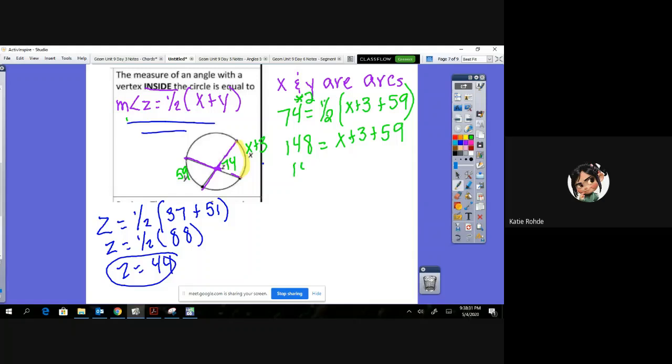Combine like terms: x plus 62. Then we get x equals 86. If they ask for the arc length, not just what x equals, we go back and plug that in. And unfortunately, it's still big X for the arc length. Measure of arc x equals 89.